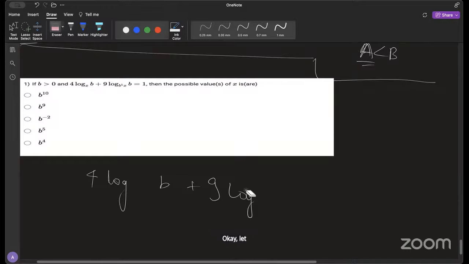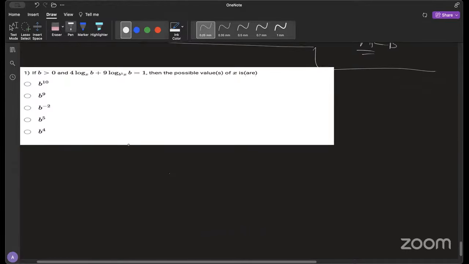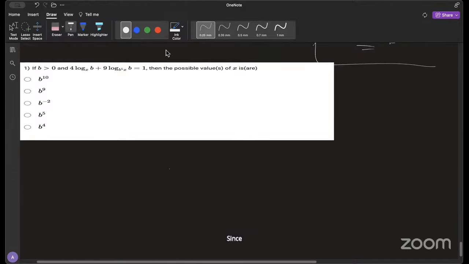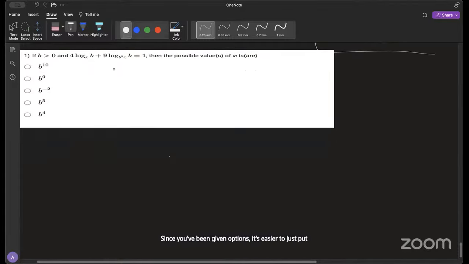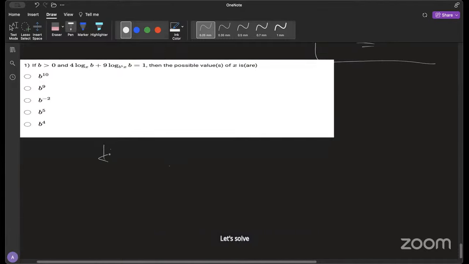Okay, let's solve it then. Since you've been given options, it's easier to just put things. Let's solve it. You have 4 log base x of b and 9 log base b of 5x, b, and that equals 1, right?